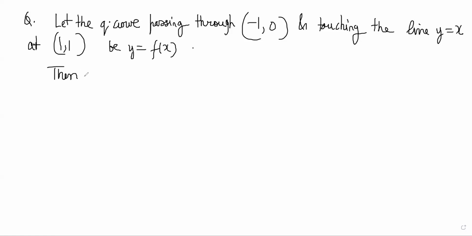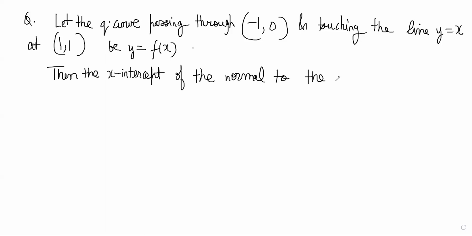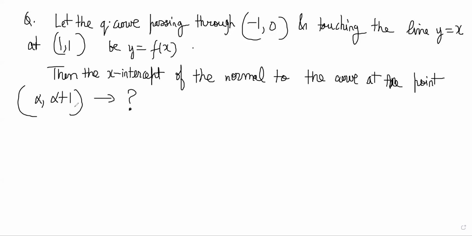Then the x-intercept of the normal to the curve at the point alpha comma alpha plus 1 is what? At the point, this is in the first quadrant.